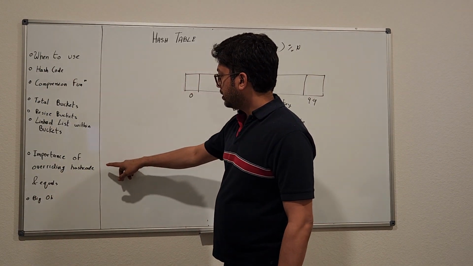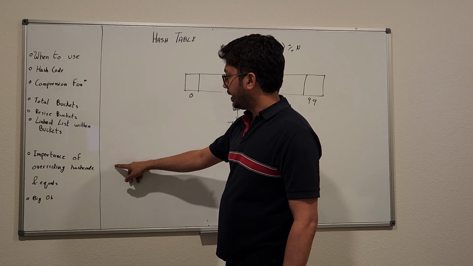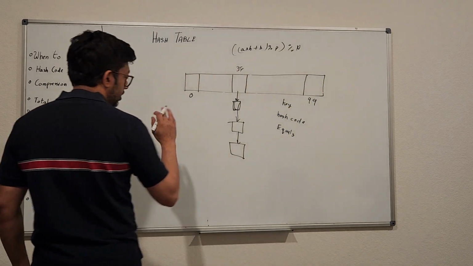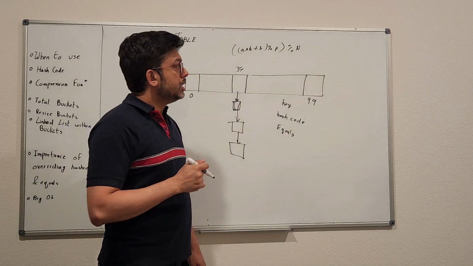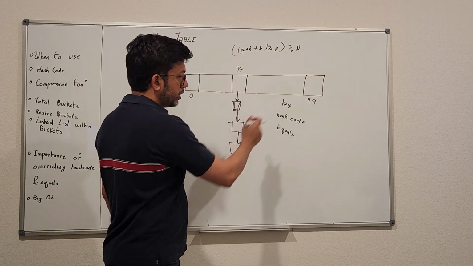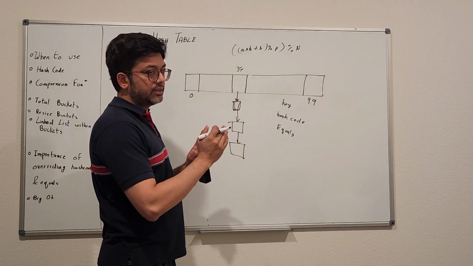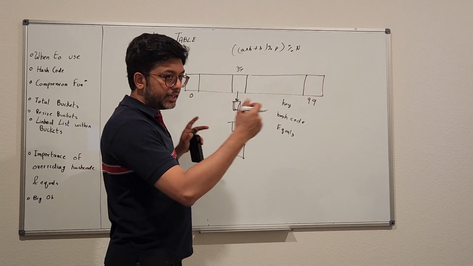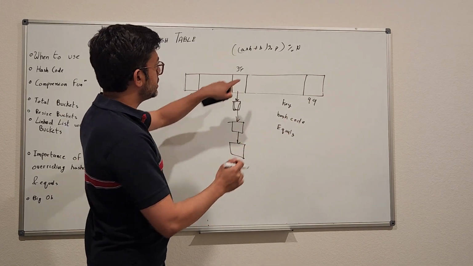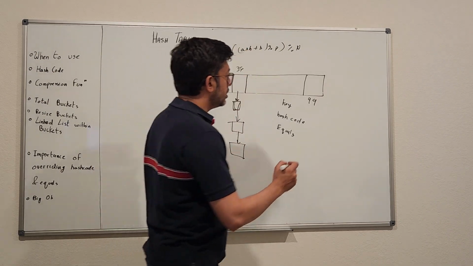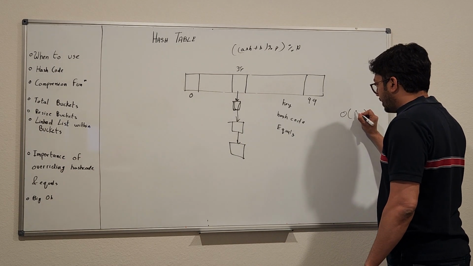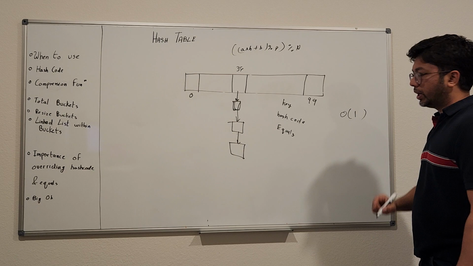So we covered that part. We covered the importance of overriding hash code and equals, and now big O. In big O terms, if you have a good enough hash code that is as unique as possible, and like I said, your number of buckets is at least 1.25 times the number of keys, ideally 2 times, then given those two conditions, that your hash code is good and your total number of buckets is good, insert, search and delete on a hash table are constant, big O of 1.